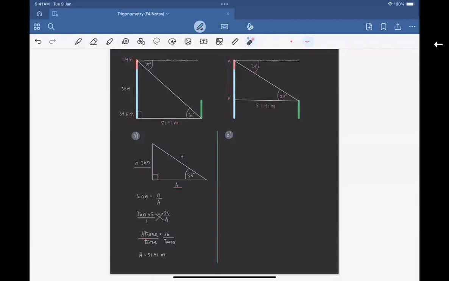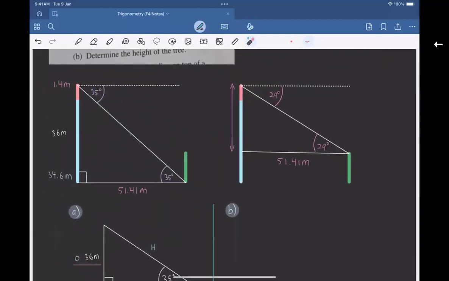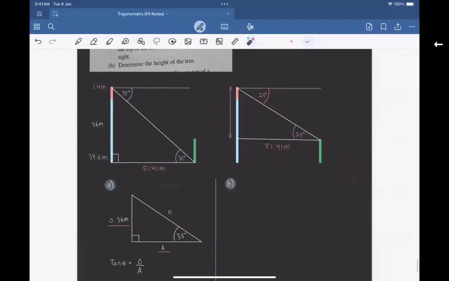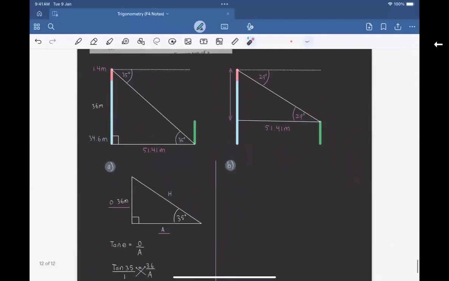So we have to find that short arrow, and minus it from the 36 to find this remaining piece, which is the height of the tree. Yeah, that's correct.